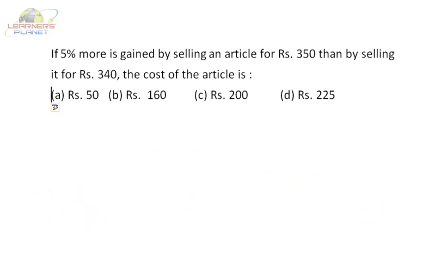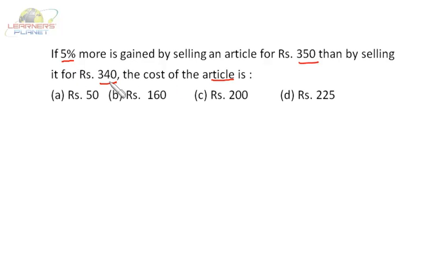Friends, now let's see this problem. If 5% more is gained by selling an article for rupees 350 than by selling it for rupees 340, we have to find out the cost price of the article. Friends, profit is always on the cost price.